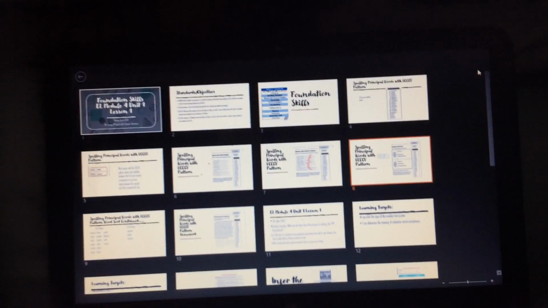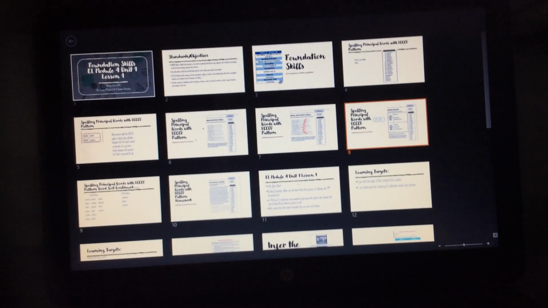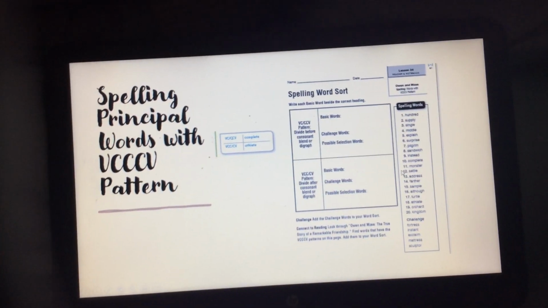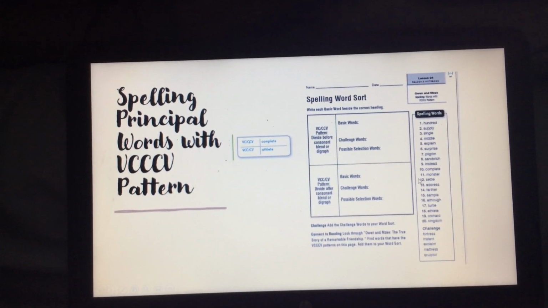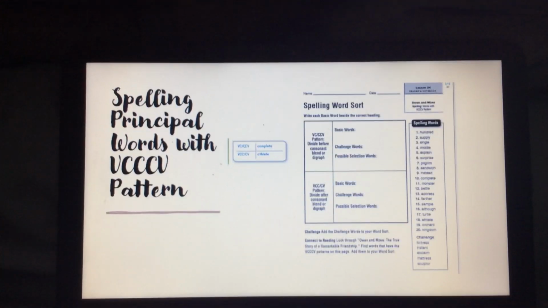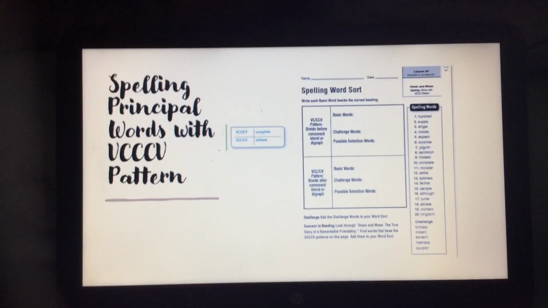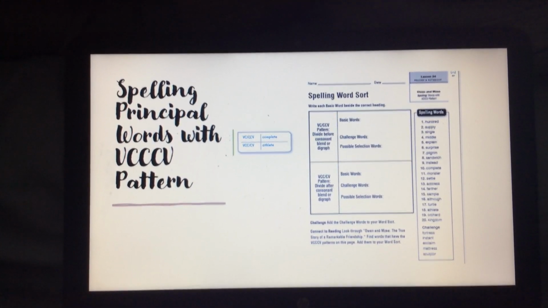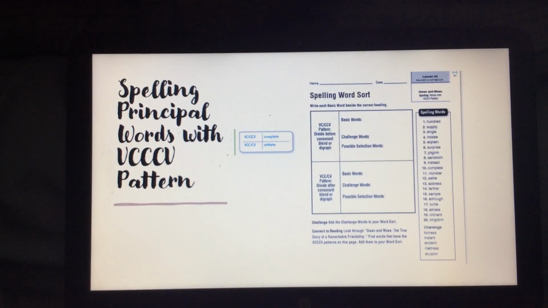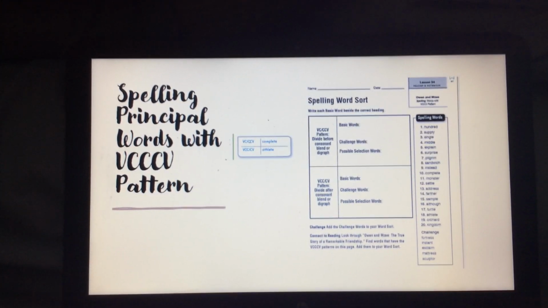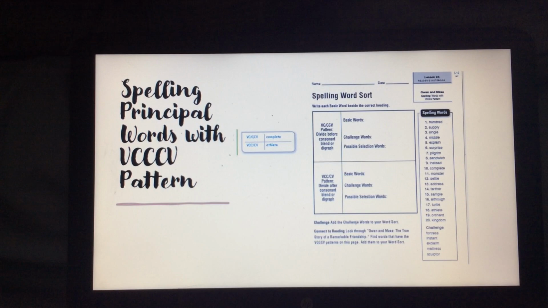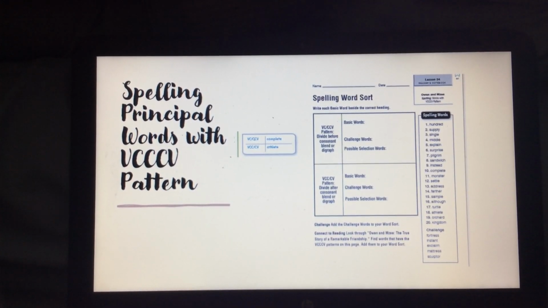Okay, now we have our spelling principle words with the VCCCV pattern again, and we're going to do a word sort. We have done this before in class. Remember when we would put the 2 different patterns at the top of our paper? That's what I would like for you to do now.